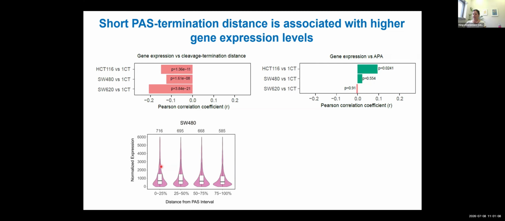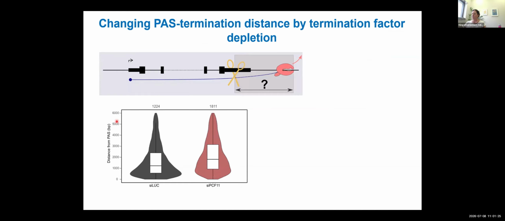So if we look at genes where cleavage and termination happen closer to each other, they tend to have higher expression than genes where it's further and further apart. Of course, these are just correlations. We wanted at least to challenge the system a little bit.